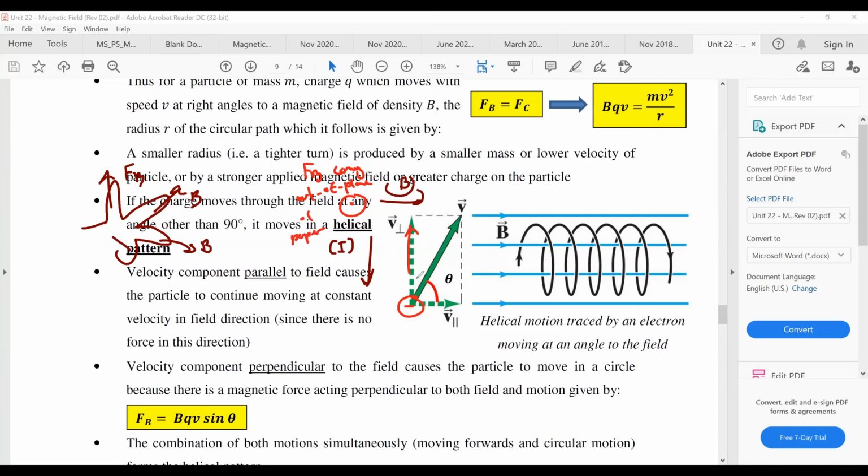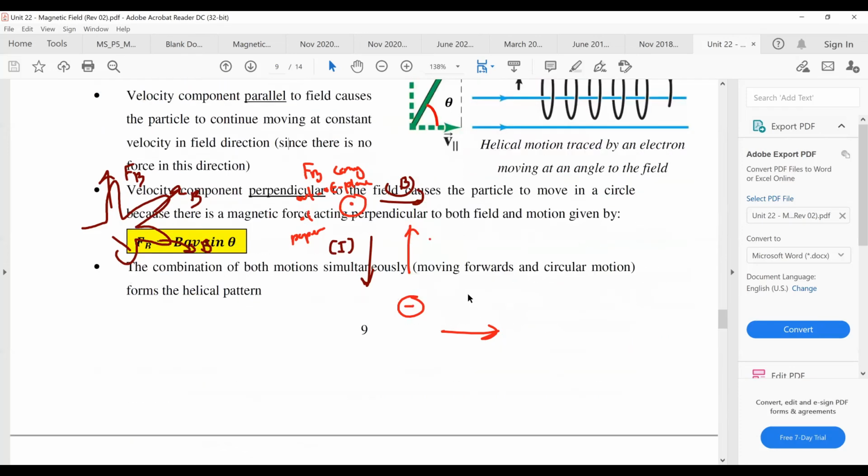So your charged particle is trying to move in a circle where it's coming out of the plane of the paper and going back into it. But at the same time, you're trying to move forward, and that causes this helical pattern. That's why you get this shape.